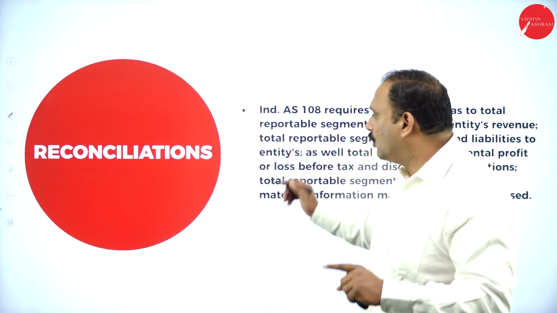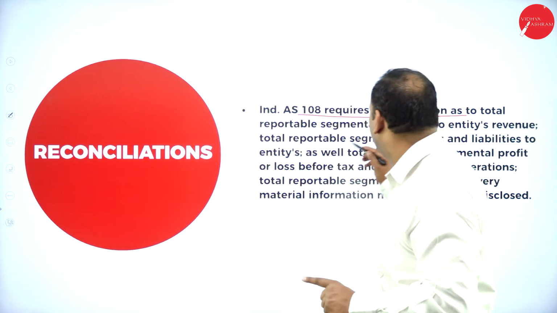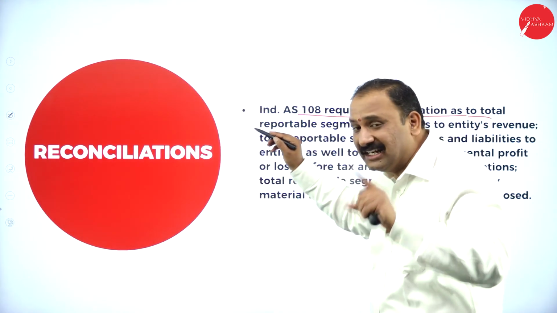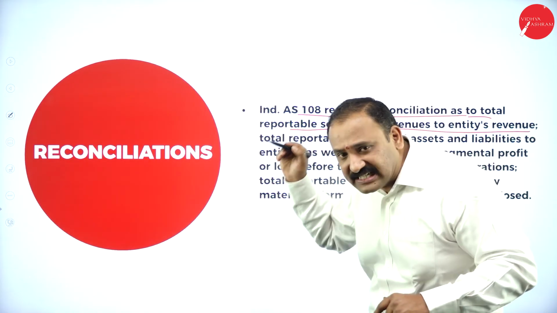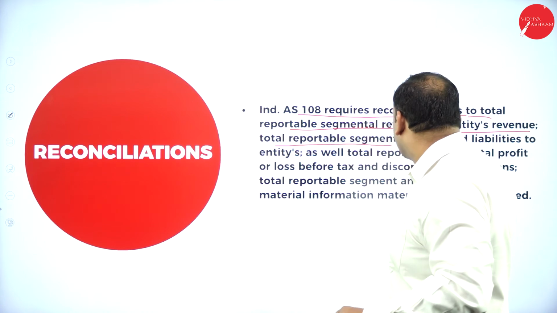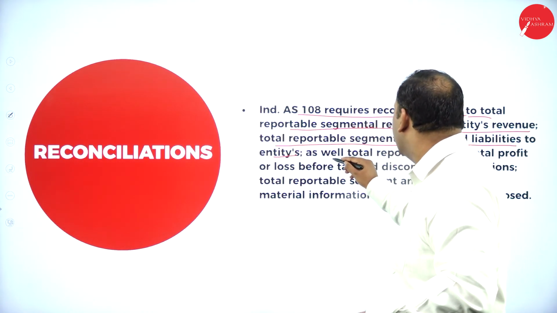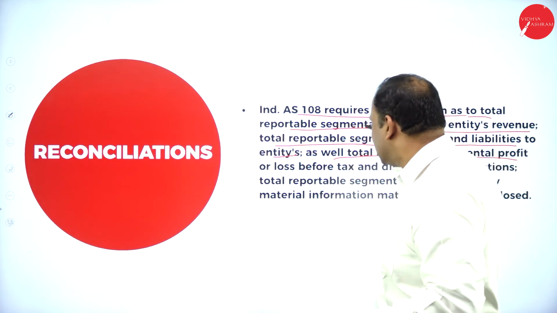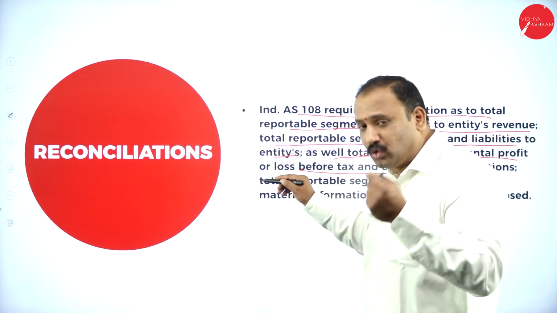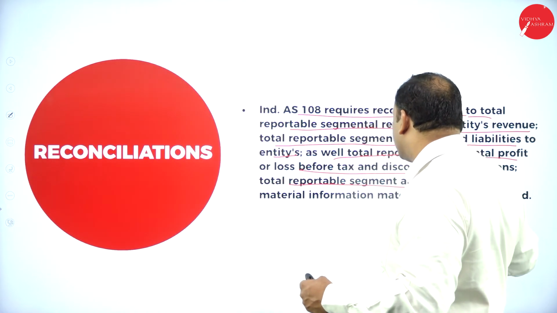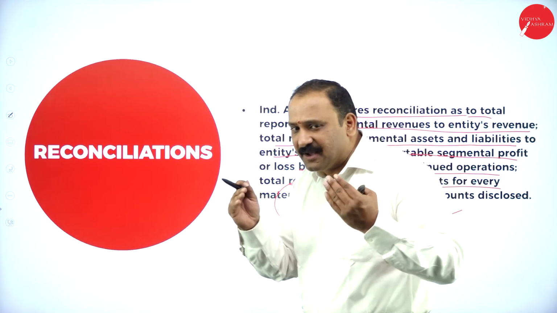The Indian Accounting Standard AS 108 requires reconciliation of total reportable segment revenues to the entity's revenues, total reportable segment assets and liabilities to that of the entity, as well as the reportable segment profit or loss to discontinued operations, and total reportable segment amounts for every material item and the material factors that are disclosed.